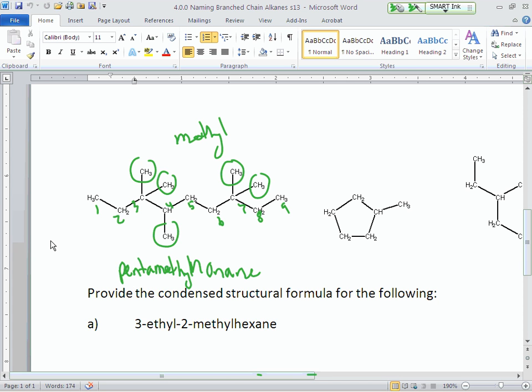So I need 5 numbers. And so it looks like this. I have 2 at 3. So it becomes a 3, 3. You separate numbers by commas, and you separate words by dashes. So it's 3, 3, 4, 7, 7, dash.